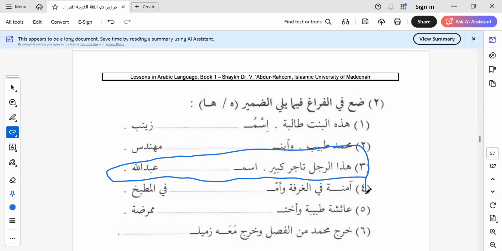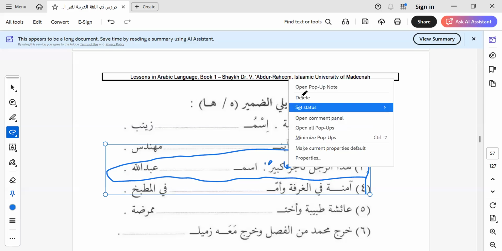Jumla ismiya. We said in the jumla ismiya, the mubtada has a dhamma, and the khabar has a dhamma. So what you have here is tajirun. Okay, tajirun kabirun.